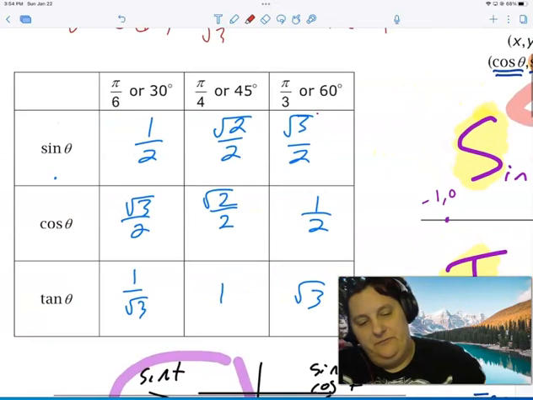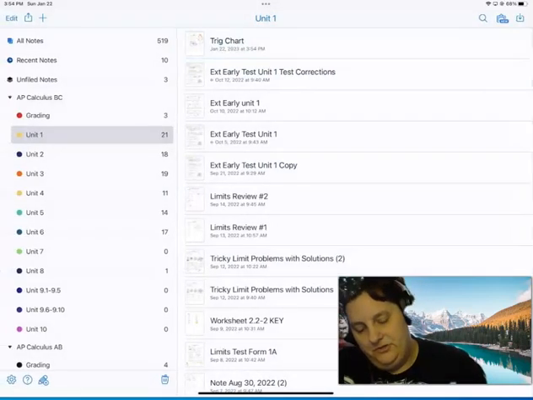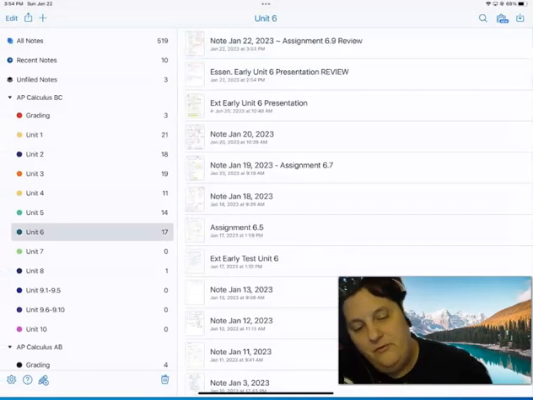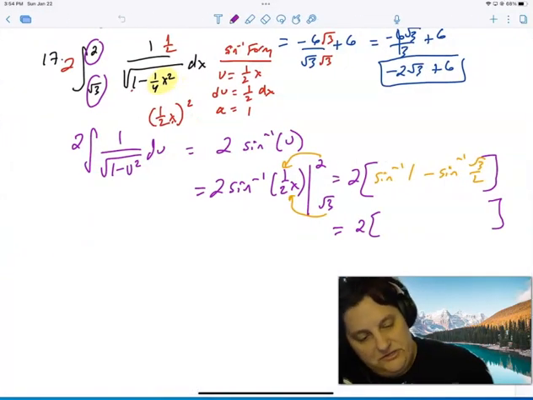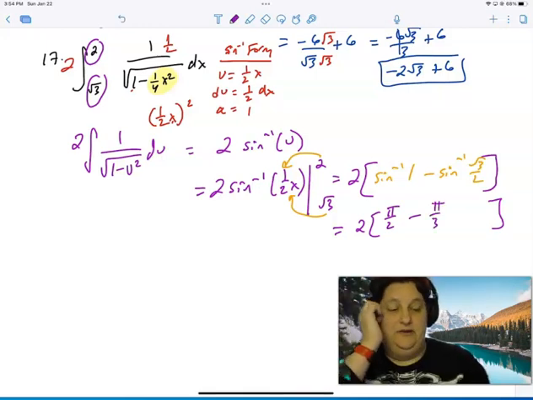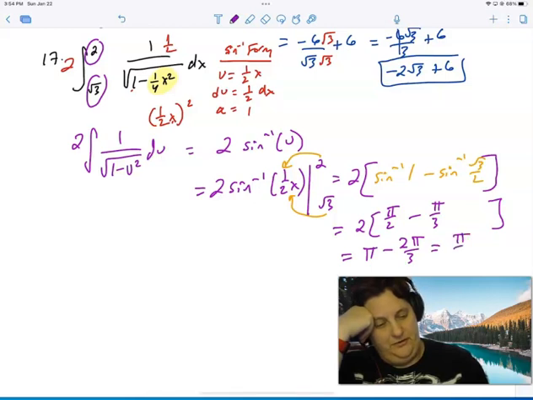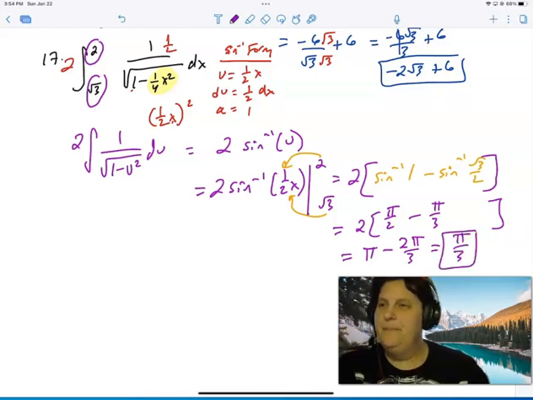And then inverse sine of root 3 over 2, that's pi over 3. Okay, so inverse sine 1 is pi over 2. Inverse sine root 3 over 2 is pi over 3. If I distribute the 2 through, that'll just give me pi minus 2 pi over 3, which is like 1 minus 2/3, so it's 1/3. So that's pi over 3.